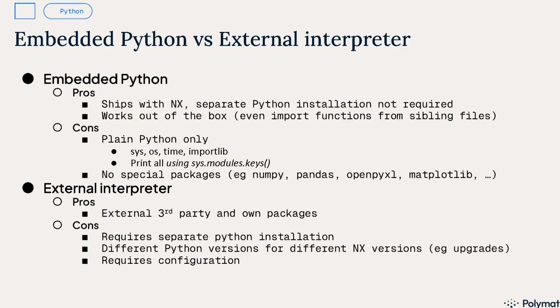You need to match your Python version with the one in your NX version. So if you upgrade, the Python version might change, so we will have to have a new Python version installed. I'll go through that later. And you need to do some configuration of NX itself, but we'll just walk through that. It's really not that difficult.